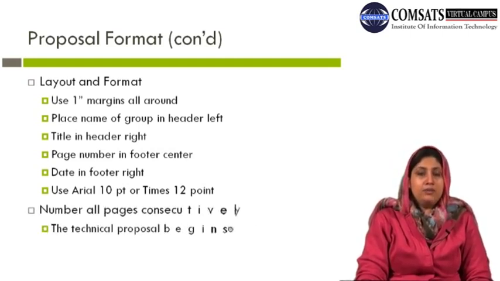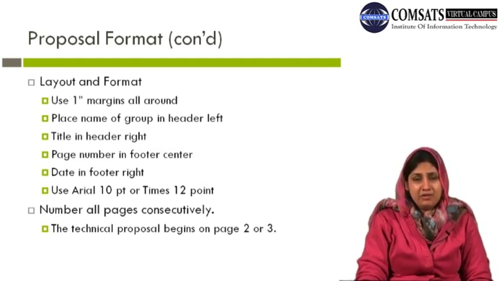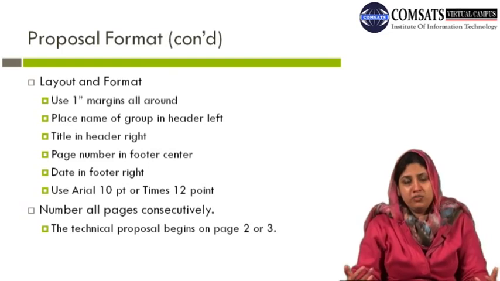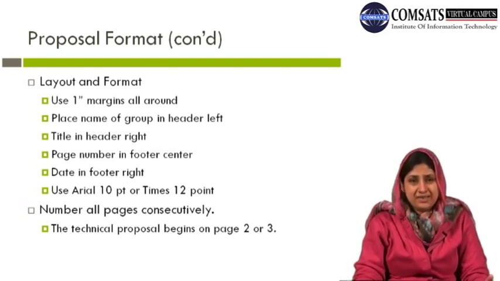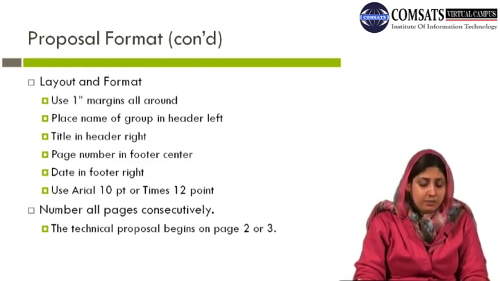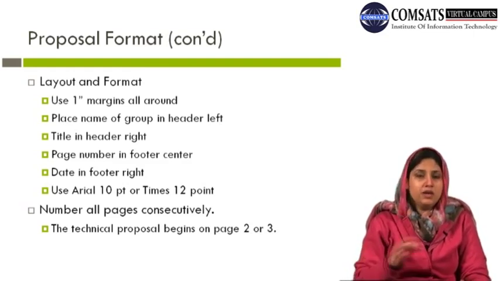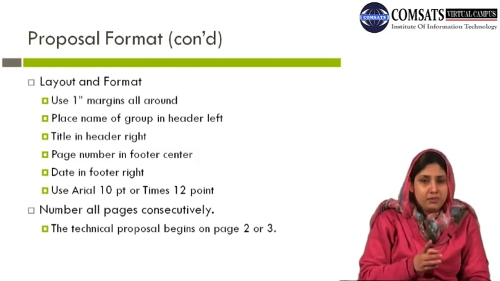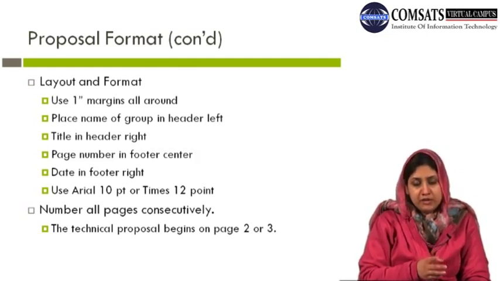All right. Now, number all pages consecutively. Do not break down in between. Do not bring in unnecessary changes, and try to number your documents consecutively. The technical proposal begins on page 2 or 3. You do not really number your title cover page and the content page. If there are acknowledgements, you skip the acknowledgements for numbering as well.